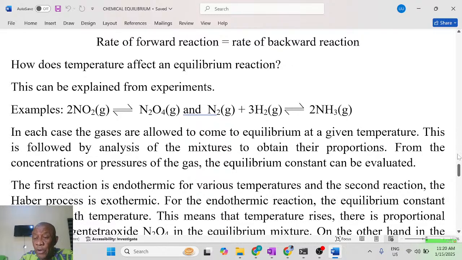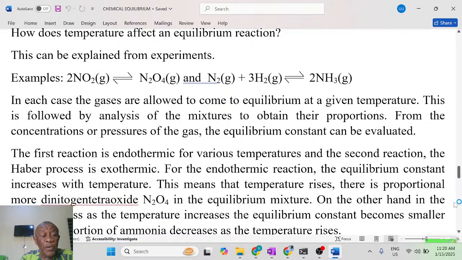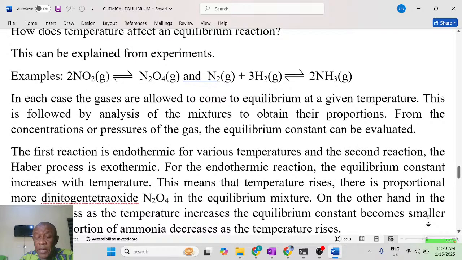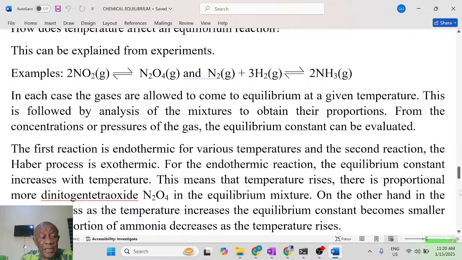From the concentration or pressure of the gas, the equilibrium constant can be evaluated. The first reaction, as I said before, is an endothermic reaction at various temperatures, and the second reaction is the Haber process we are used to, and it's an exothermic reaction.